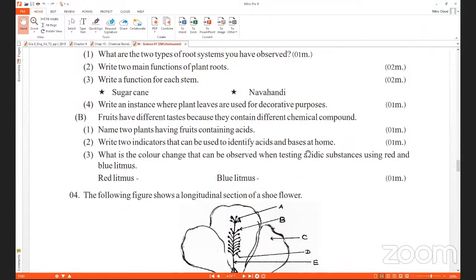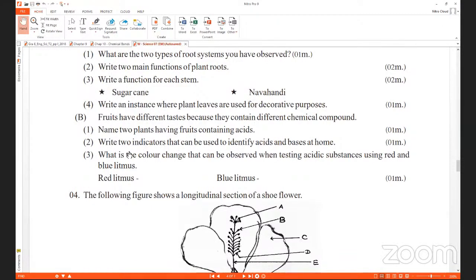Shoe flower solution, turmeric boiled water, Nil Katarolu extract, red cabbage extract, arecanut boiled water. Yes, good. So you can use that.